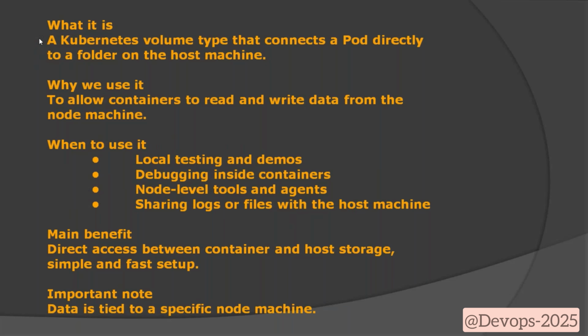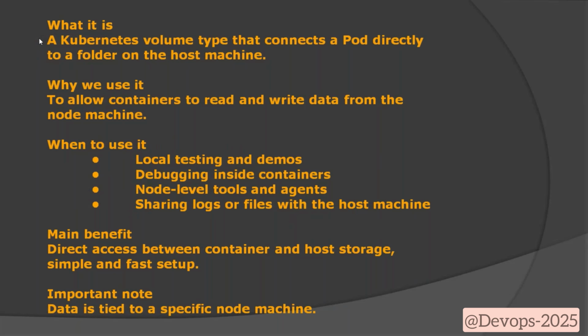It is not meant to be used as a general storage solution for production workloads across multiple nodes, because host path is tied to one specific machine. If your pod moves to another node, that folder will not exist. So this is where host path volume is very important in Kubernetes.